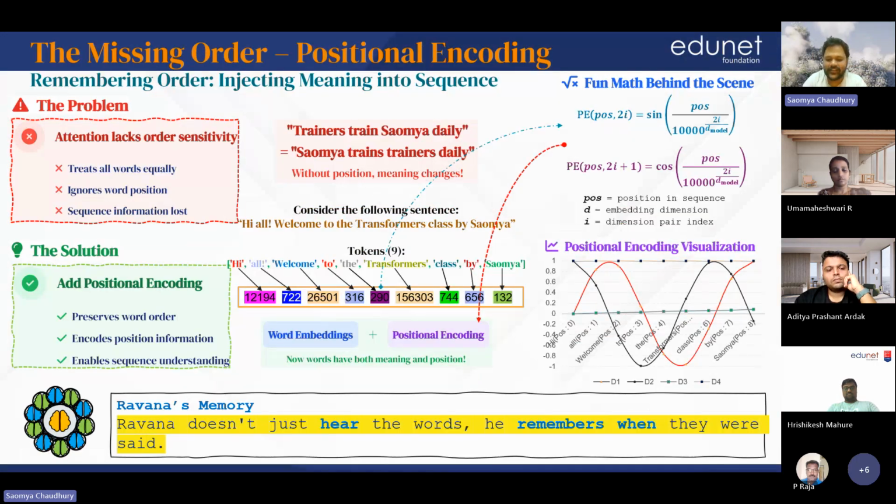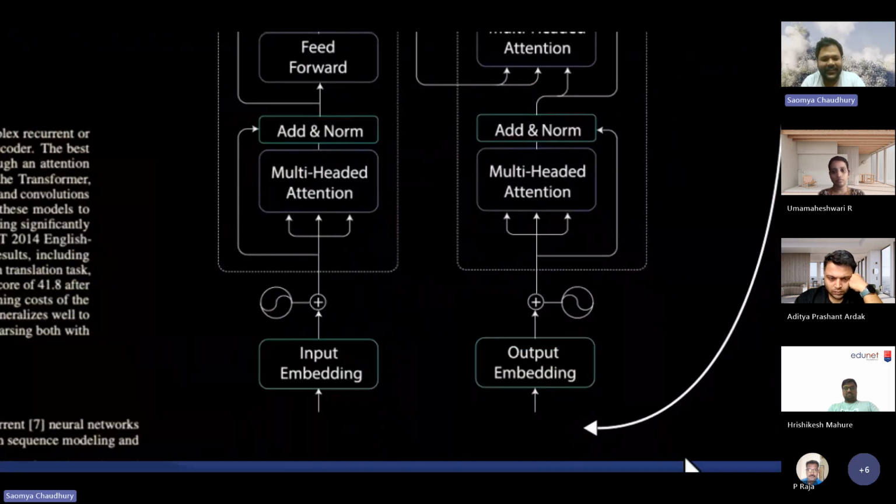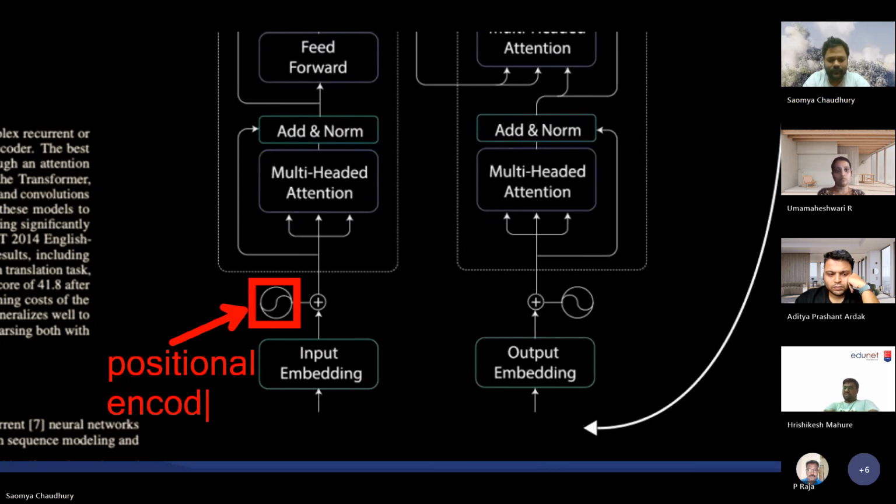And that is why, let me tell you here, guys, in this picture, let me use red color, the one which you see here, the yin yang kind of symbol, this is the positional encoding. You provide the input embedding, and they get added up.